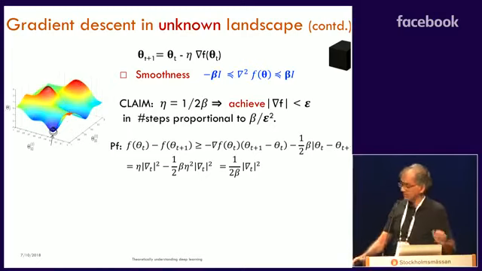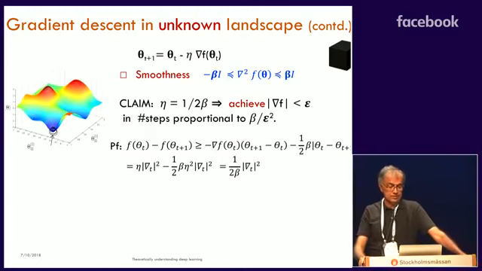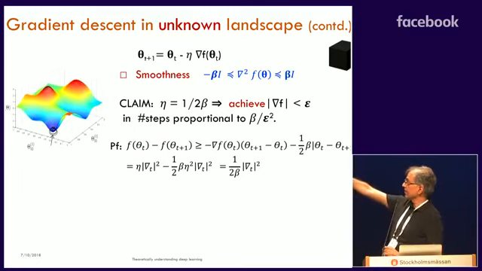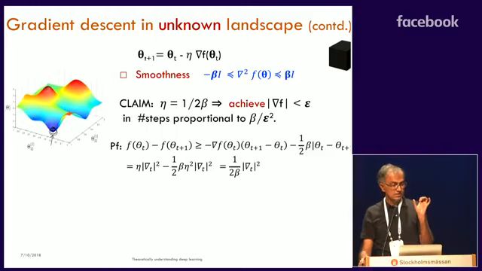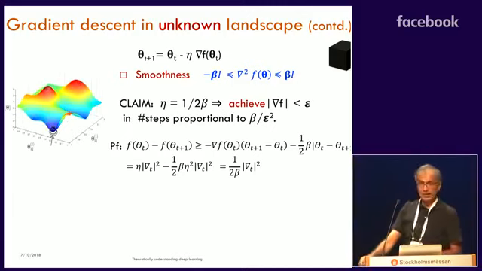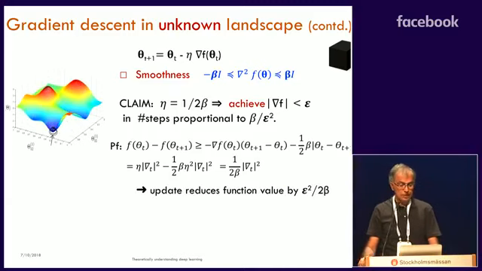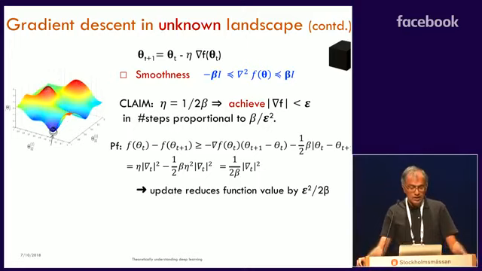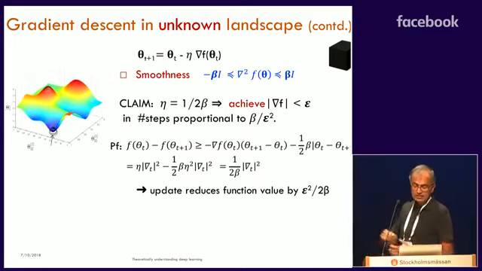So the difference between two successive steps is given by the gradient times the displacement, plus this correction term, which is quadratic. Since you moved by an amount eta times the gradient, the first term is eta times the norm of the gradient square, and the second one is like beta times eta squared times the norm of the gradient square, which is like 1 over 2 beta times eta square. Sorry, the gradient square. So what this means is that so long as the gradient is large, you're making progress.